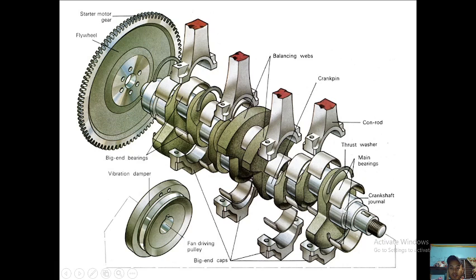The one connecting the crankshaft journal and the connecting rod journal is the crank web, or balance webs, these webs, this one. Since these webs also have a counterweight in them, they are sometimes called balancing webs. Two-stroke engines don't have a counterweight, so they only have the webs.